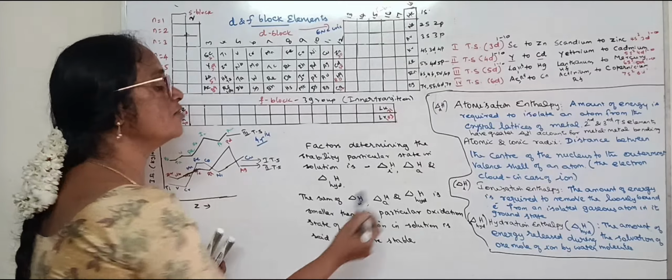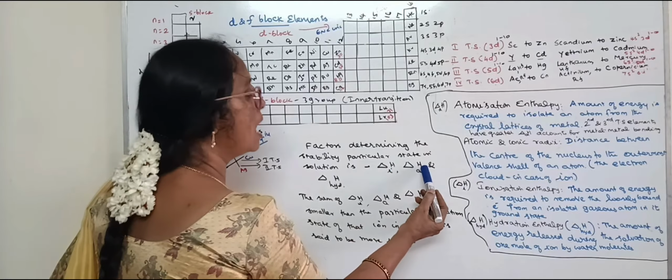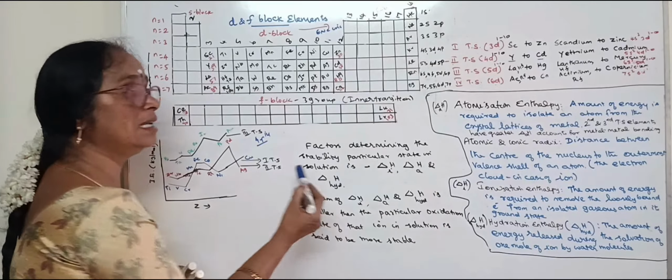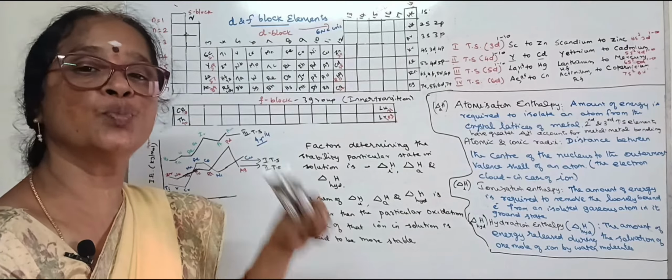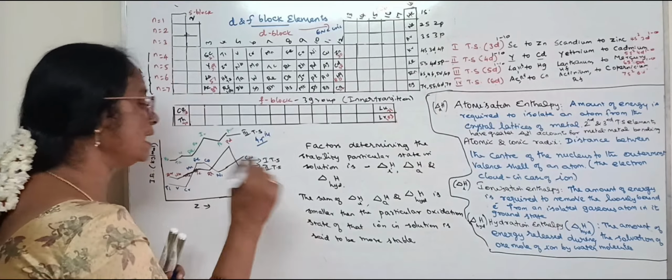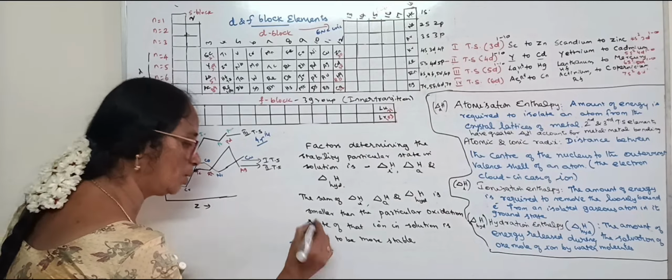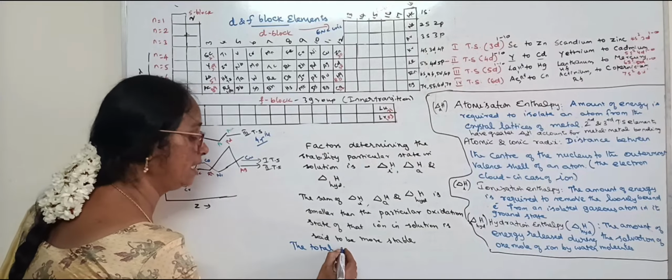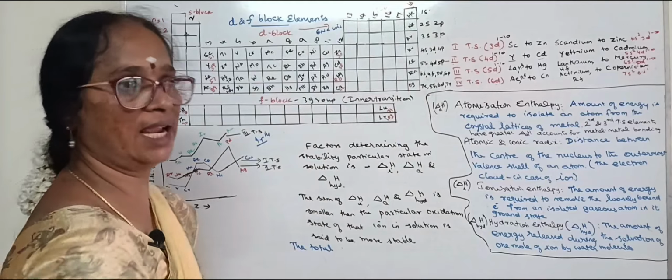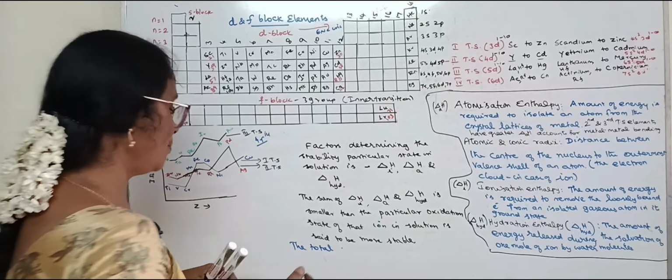So, during the formation of the metal ion, it is able to be stable in its oxidation state if the sum of ionization enthalpy, atomization enthalpy and hydration enthalpy is smaller. So, if the total enthalpy change is smaller, then the particular oxidation state is said to be more stable for that metal ion.